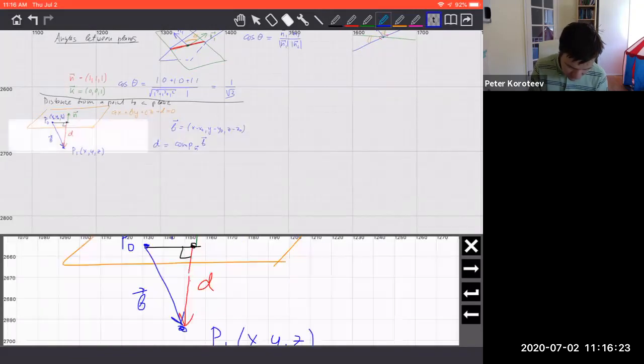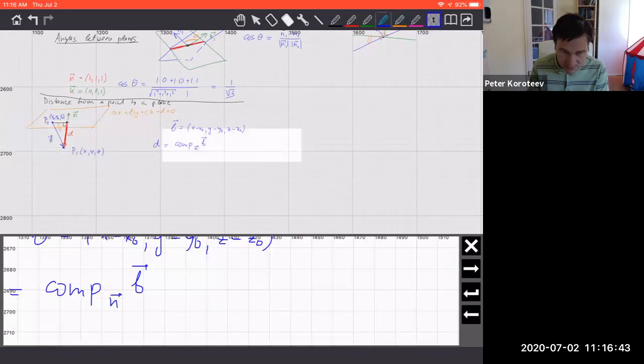So in other words, the scalar projection of B onto this thing is D, or if this angle is theta, it will be d times cosine theta.